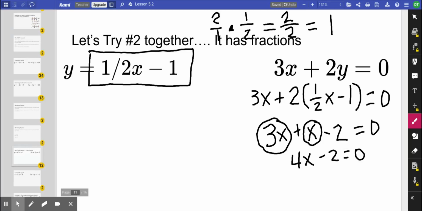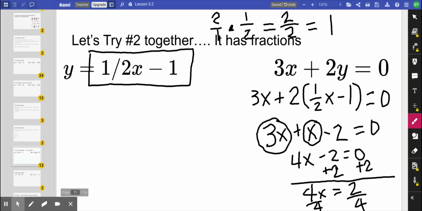So now I can start to isolate the x and get rid of everything else. So additive property of equality, add 2 to both sides. 4x equals 2. Divide both sides by 4 using the division property of equality, and I get my x equals 1/2, or it says 2/4, which reduces to 1/2.